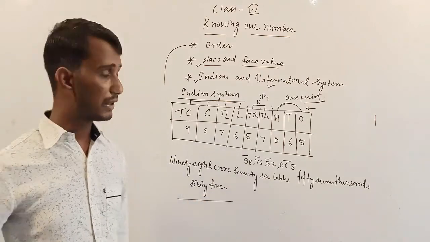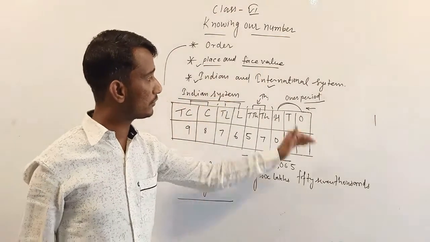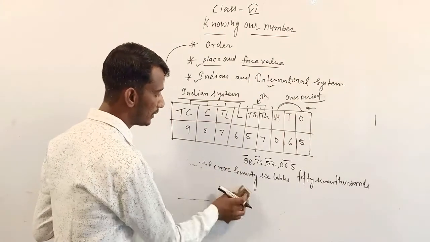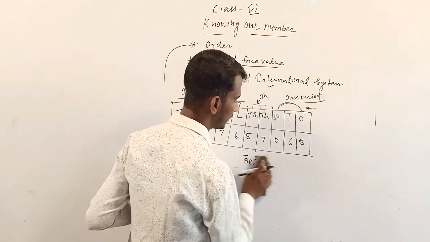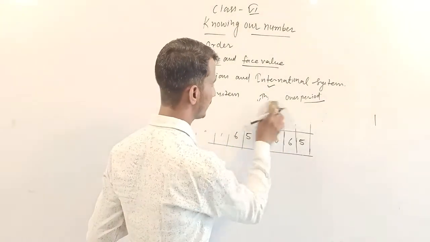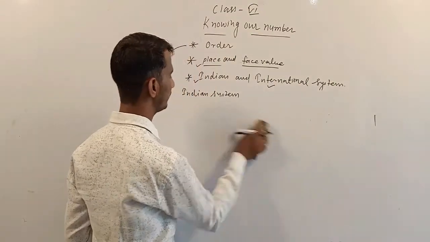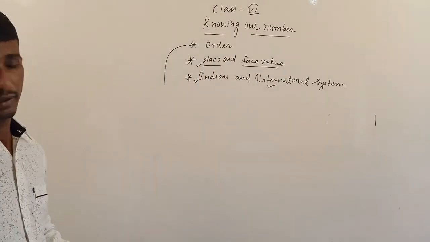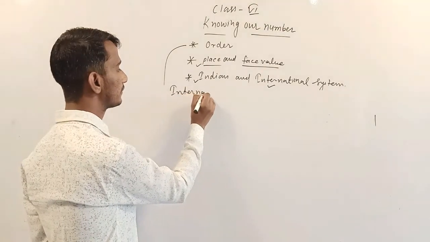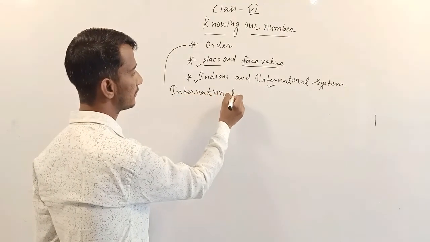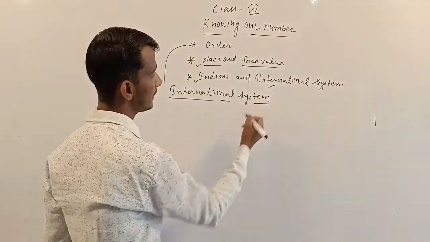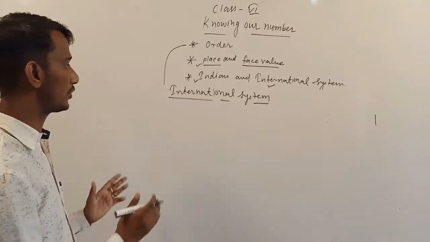Okay. Now I am telling you how to write according to the international system, and what is the difference between the Indian system and the international system. Look here. According to the international system, first we draw the Place-Value chart.